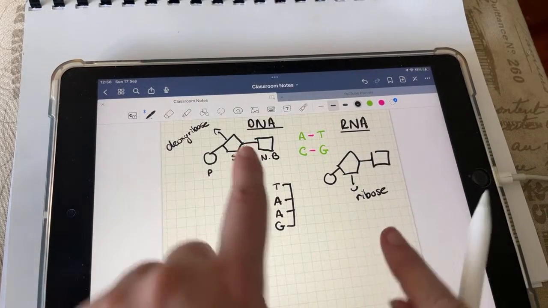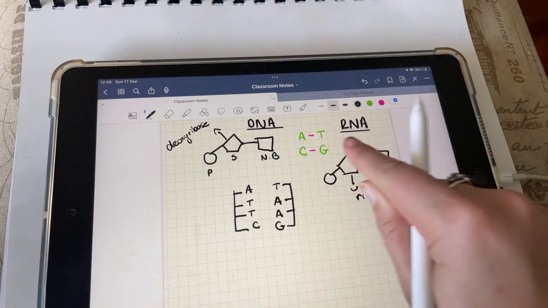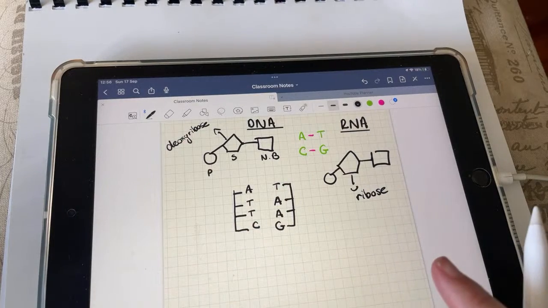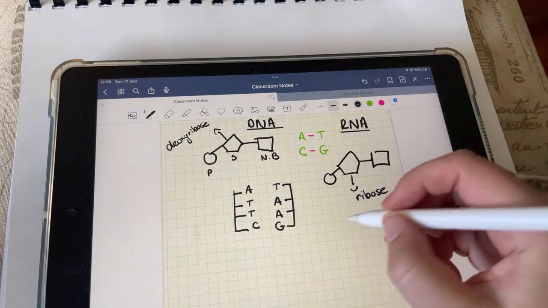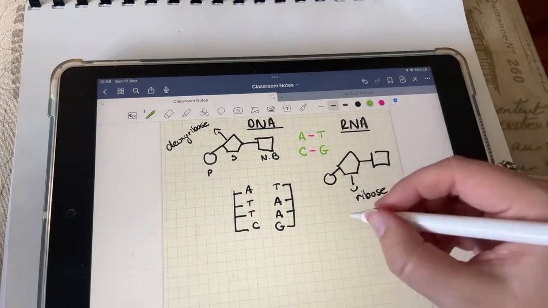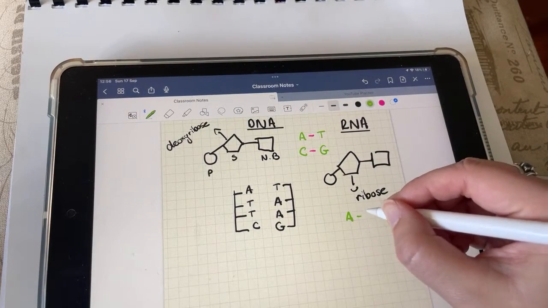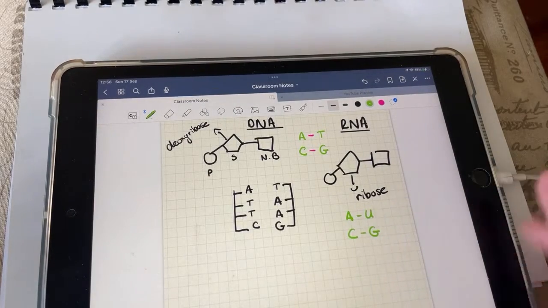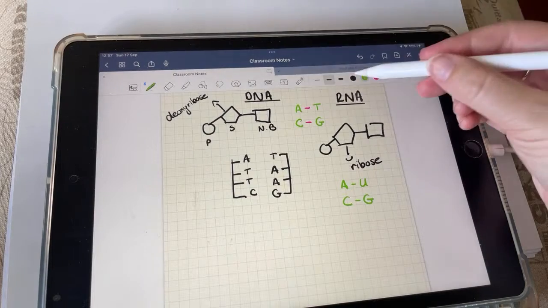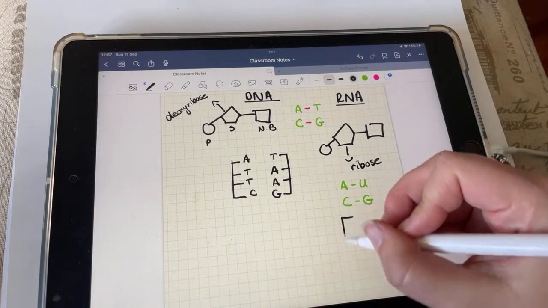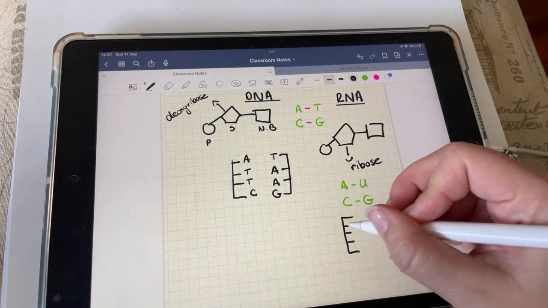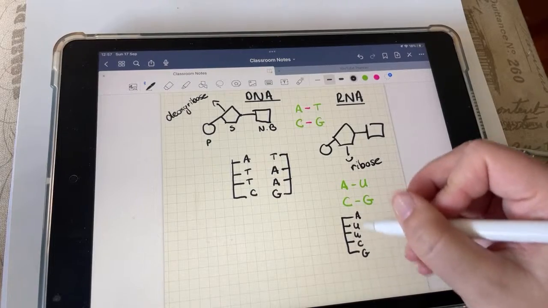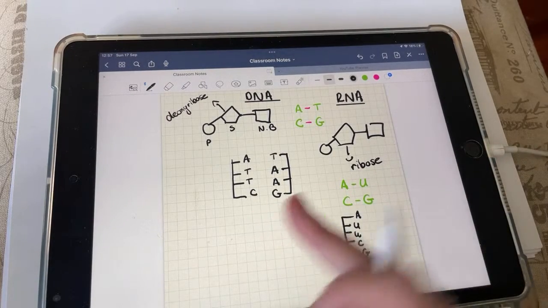That's why this is DNA and that is RNA: ribonucleic acid versus deoxyribonucleic acid, okay? And the other difference here is in our pairing. A joins to U and C joins to G. So uracil is the new guy on the block. And the other main difference is RNA is single-stranded, which means that it would be one-sided like this. It wouldn't have two sides, right?